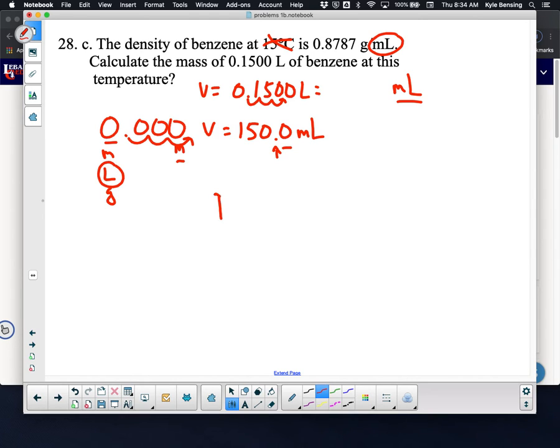Density is mass divided by volume, and we're not looking for density, we're looking for the mass. If we have our density triangle with mass on top always, and density and volume on the bottom, and I cover up mass, I get density times volume.